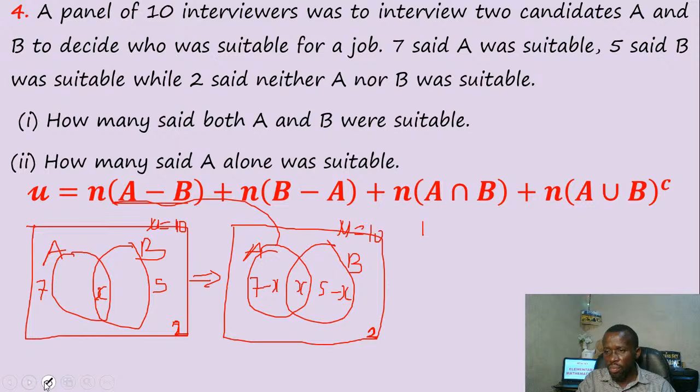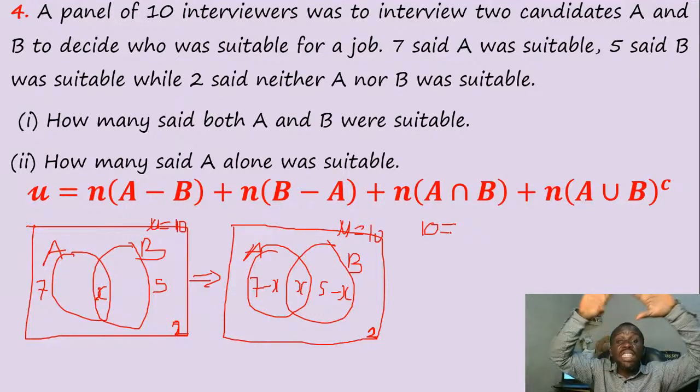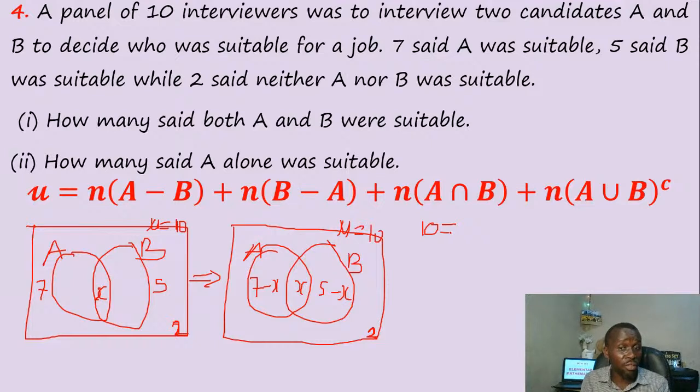Let me erase this. All right, now let's do our calculation. Our calculation is 10, which is the universal set, equals everything inside that universal set: the circles and those that are not inside the circles, but everything inside.